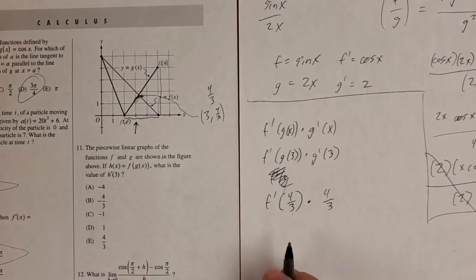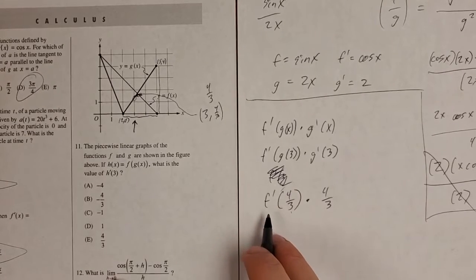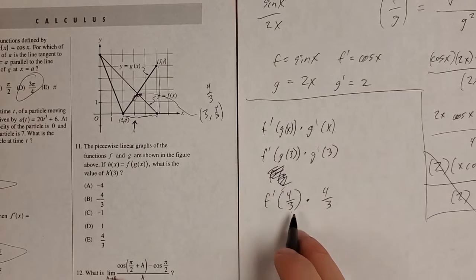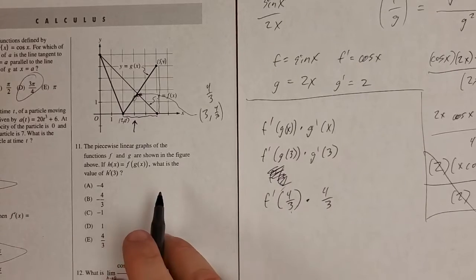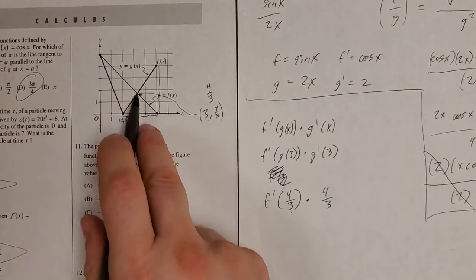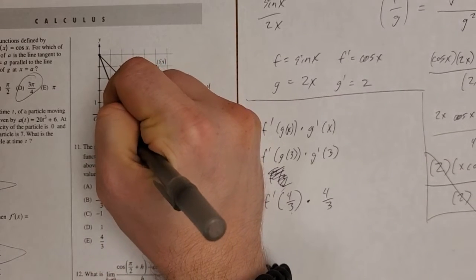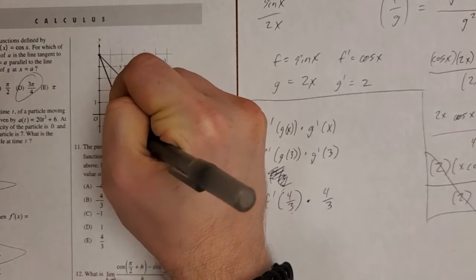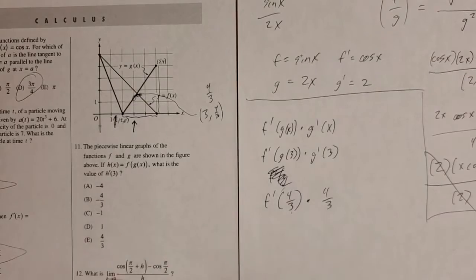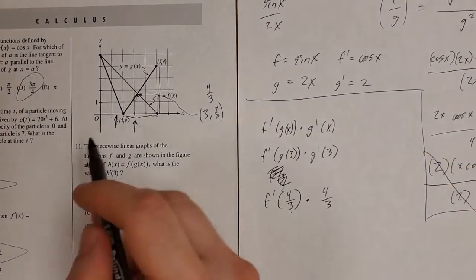So then what is the derivative, or the slope, of f at x equals 4/3? Well, it turns out that the slope of f is consistent over the entire thing. 4/3 is about there, but we didn't even really need to care about that so much because it's the same over the whole thing.